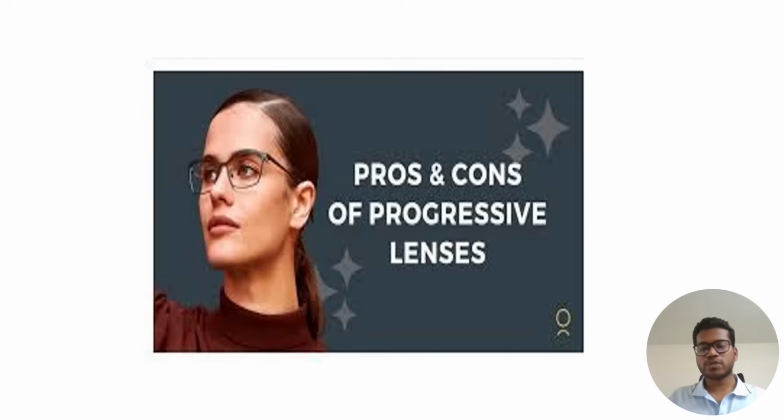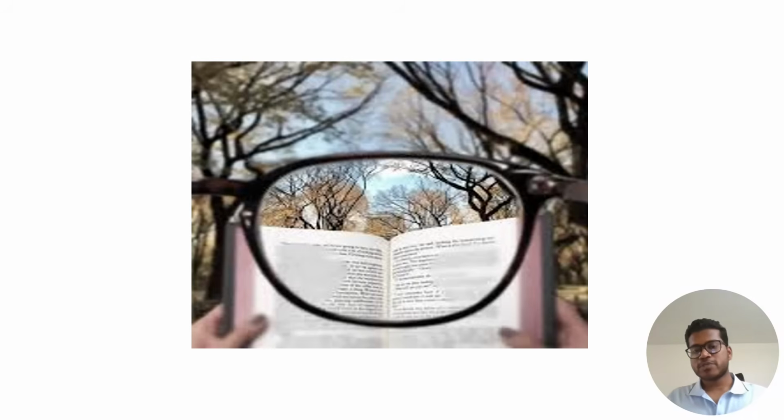Okay, let's talk about the pros and cons of progressive lenses. So, what are the pros? Like I just explained, this is the best picture to explain the benefits of having progressive lenses. If you look at these glasses, even though this is an example of a progressive lens, you can't really focus here. If you see, it looks blurry.